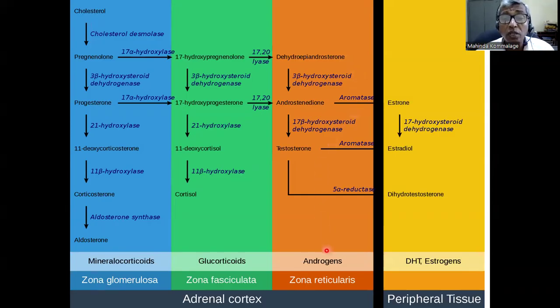It goes through a series of alterations of the basic cholesterol structure, and we can call it a steroid, and produce aldosterone, cortisol, and androgen. You know, androgen is basically some sort of testosterone, or male reproductive hormone. So you need not remember this series of reactions, but remember the three areas in the adrenal cortex are demarcated with these chemical reactions.